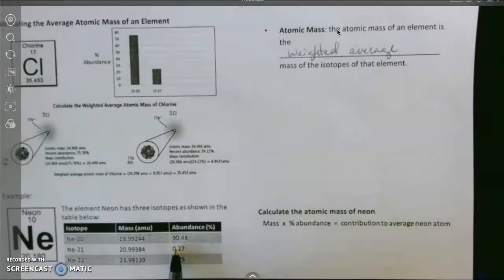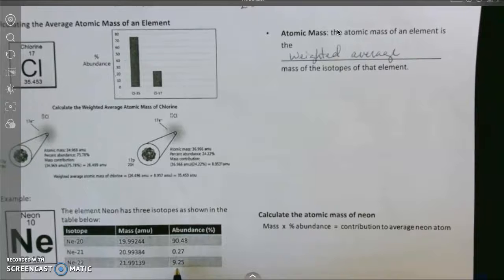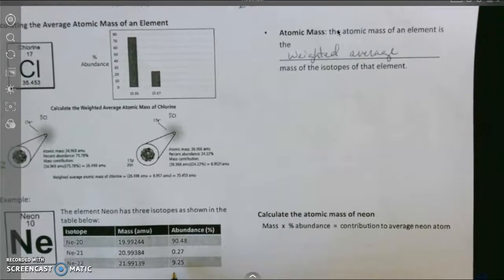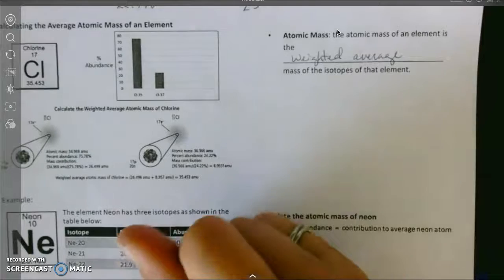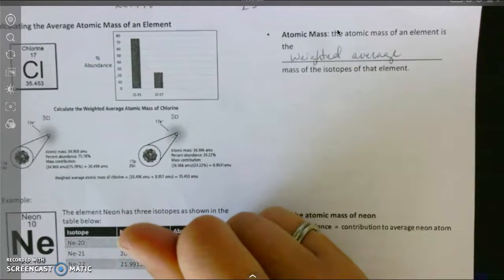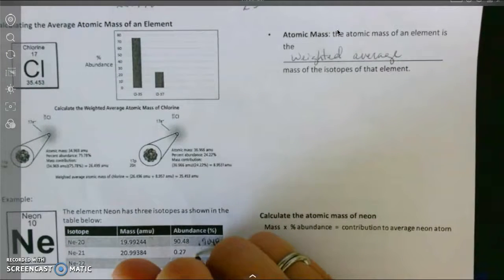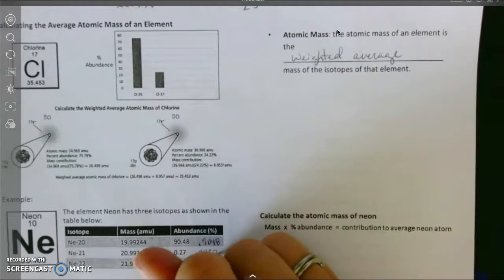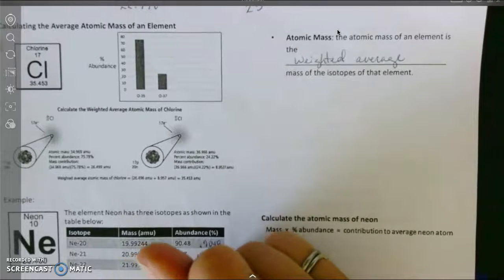We have our abundance, but these are percentages. So to figure out that value, you would divide by 100, and so this would be 0.9048, and this one would be 0.0027, and then we'd have 0.0925.